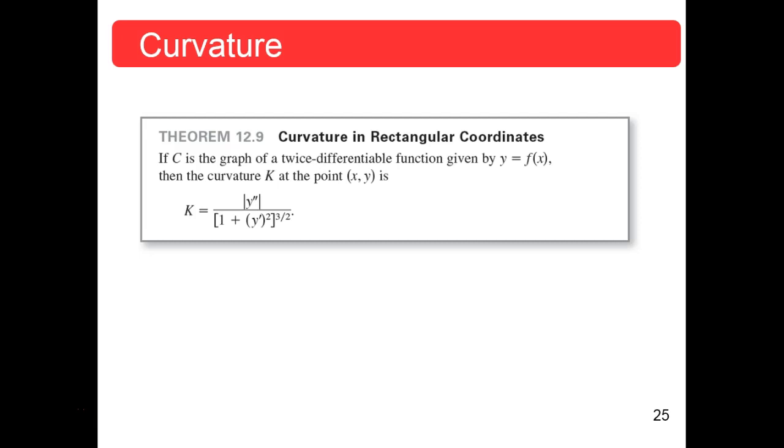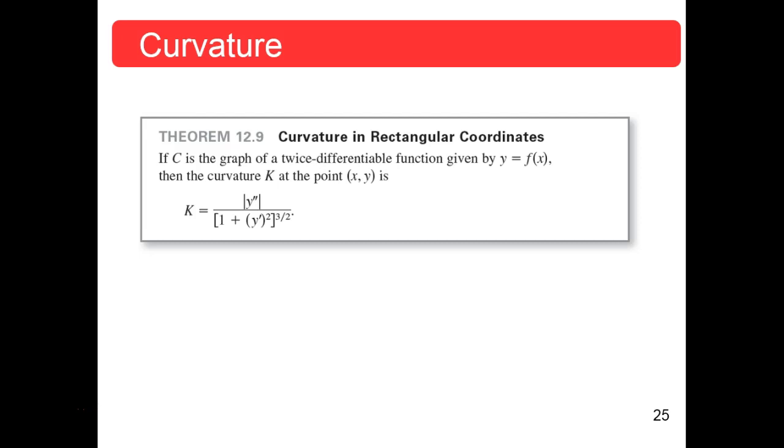The next theorem presents a formula for calculating curvature of a plane curve given by y is equal to f of x. All right. Now, plane curve, y is equal to f of x. Notice there's no vectors in this, okay?